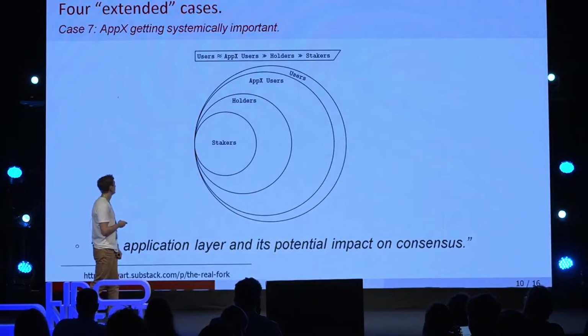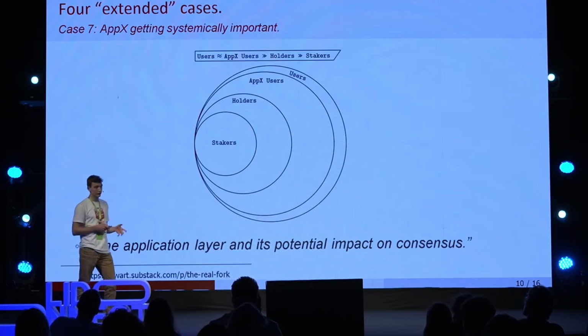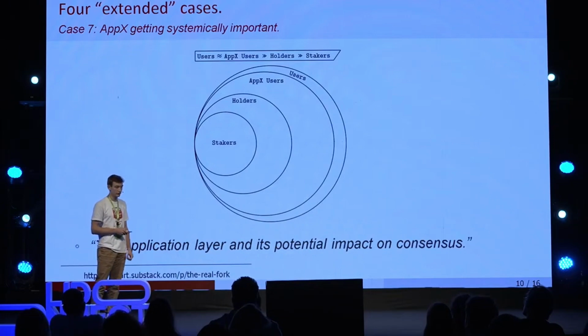Case number 7 is a single app becoming systemically important and too big relative to other apps. We have mostly been ignoring the user space up until this point, but you could imagine that this generic app, which I call app X, comes to represent a vast majority of Ethereum users in the ecosystem.